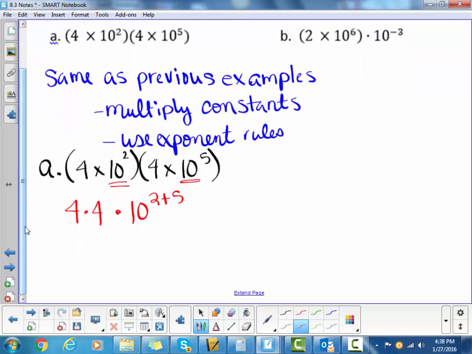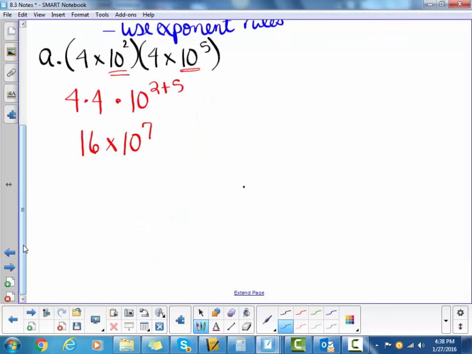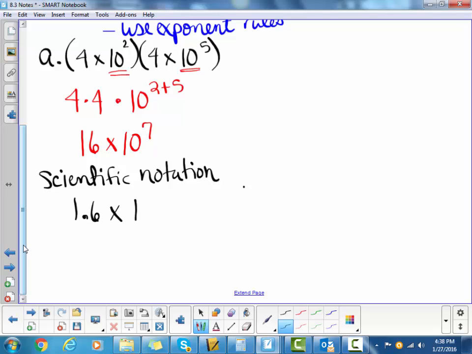So I said earlier, 4 times 4 is 16, multiplied by 10 to the 7th. However, we're violating the rule for scientific notation, which says that we can only have one digit to the left of the decimal. So I need to add a decimal place. I need to rewrite 16 as 1.6. And when I make my number smaller, going from 16 to 1.6, I need to add a power. So that will be multiplied by 10 to the 8th.